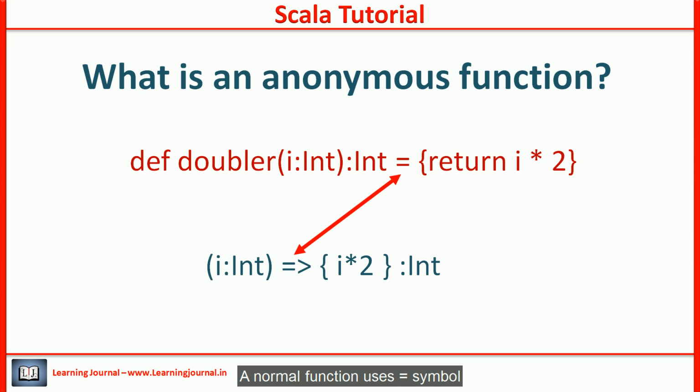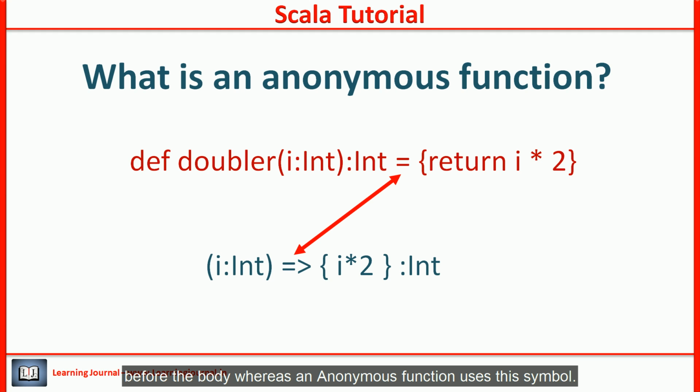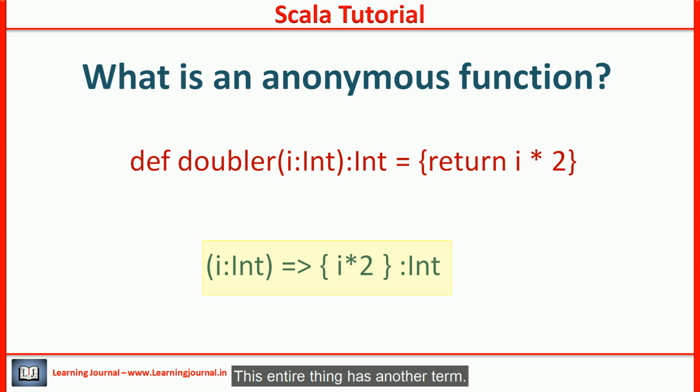A normal function uses the equal to symbol before the body, whereas an anonymous function uses this symbol. This entire thing has another term, a function literal, and this syntax is known as function literal syntax.